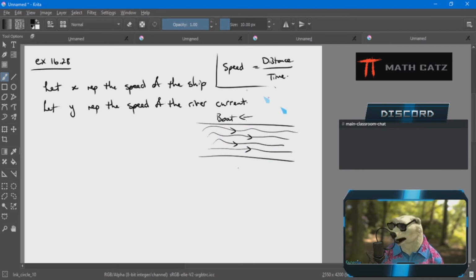So its net speed, its effective speed, is the difference between the two, x minus y. Depending on which direction the boat travels, the river has a positive effect or a negative effect, an additive effect or a subtractive effect.